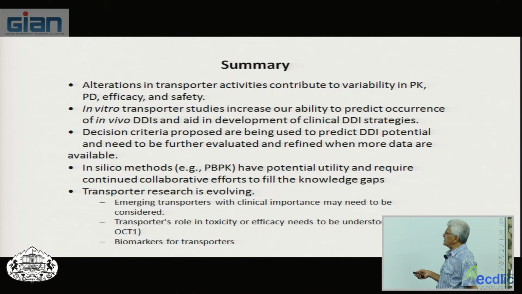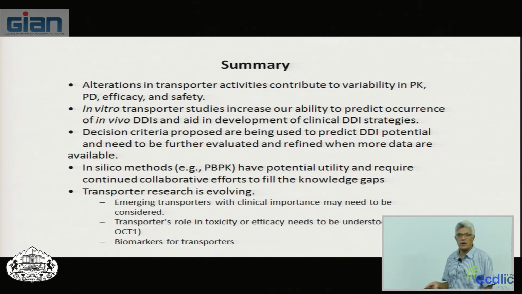Alterations in transporter activities contribute to variability in pharmacokinetics and pharmacodynamics, efficacy and safety. In vitro transporter studies increase our ability to predict the occurrence of in vivo drug-drug interactions, and that's why FDA allows you to do the in vitro studies. The decision criteria proposed are being used to predict DDI, drug-drug interactions.